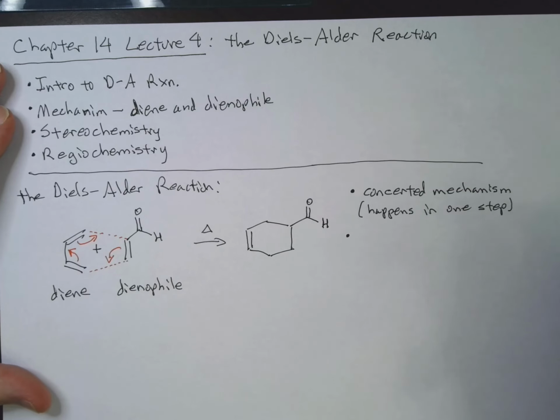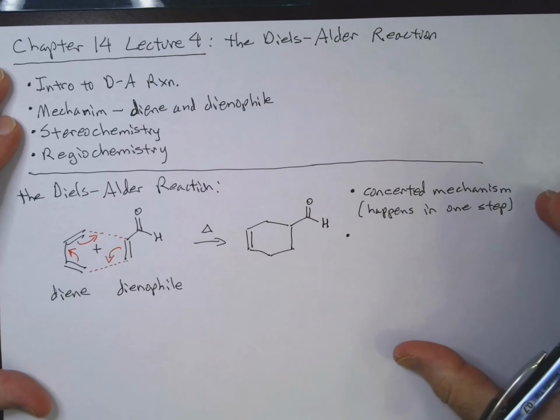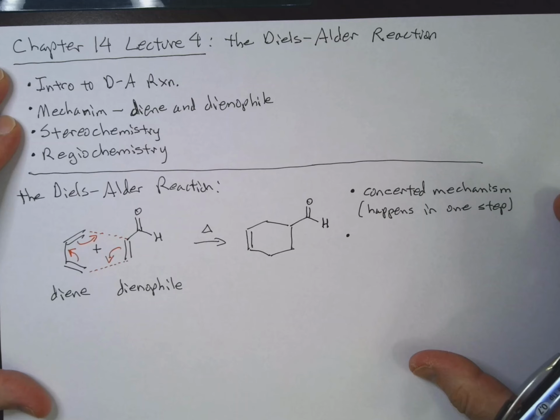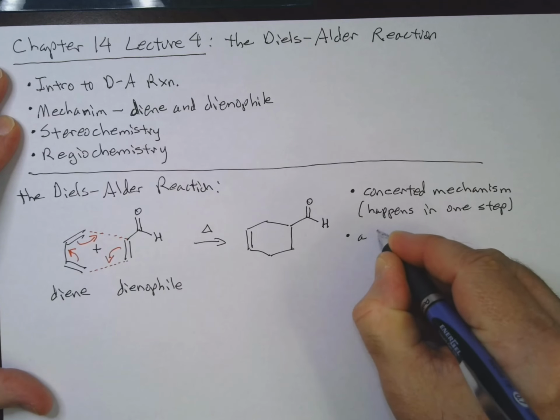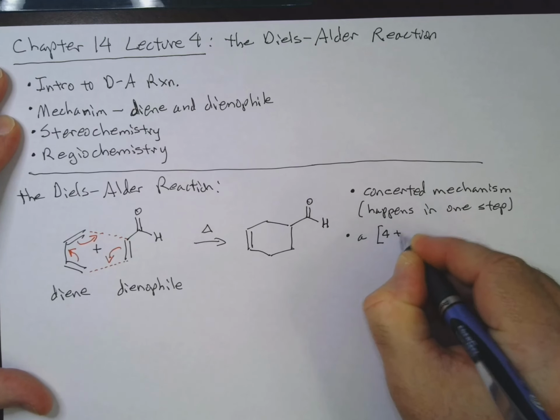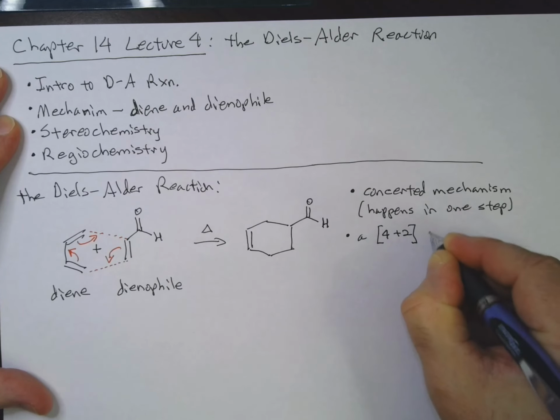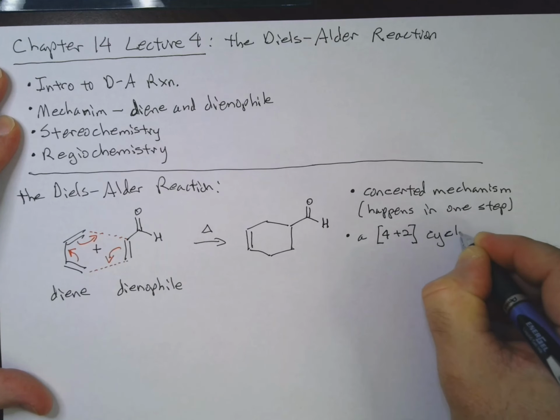Now, the Diels-Alder reaction is an example of a larger class of reactions called cycloadditions. And cycloadditions are one type of pericyclic reaction, and we'll talk in more detail about pericyclic reactions in chapter 30, which we'll be looking at next. But I just want to mention that this is what we call a 4+2 cycloaddition.